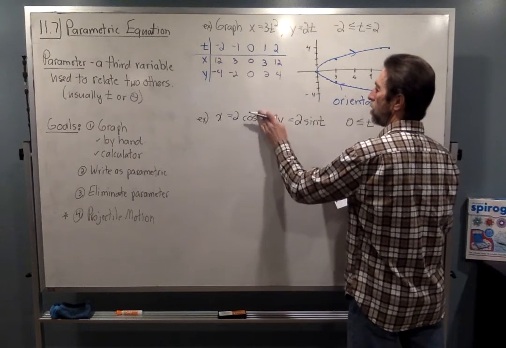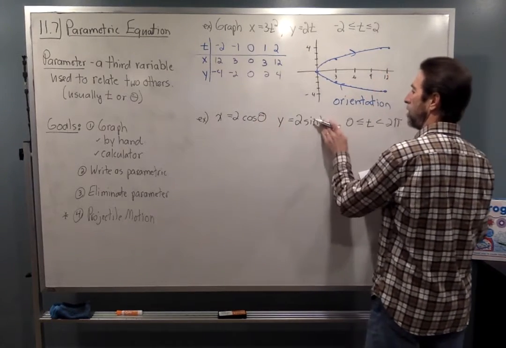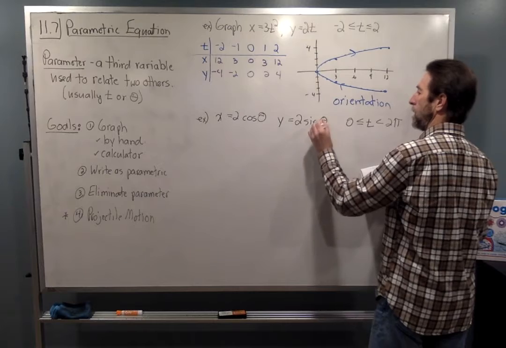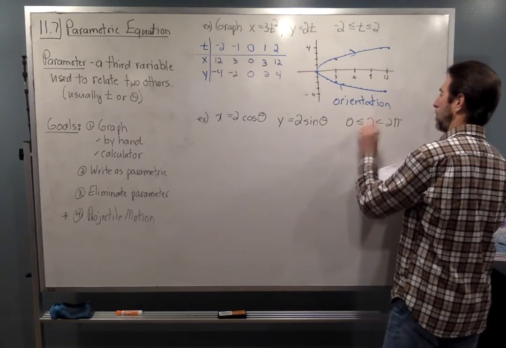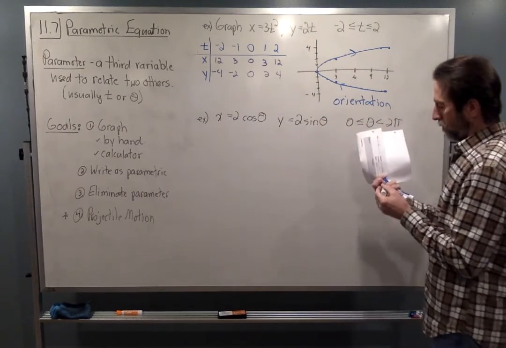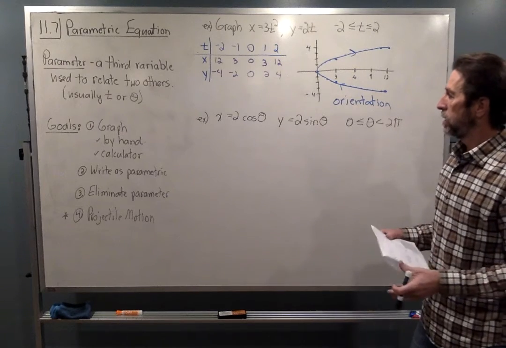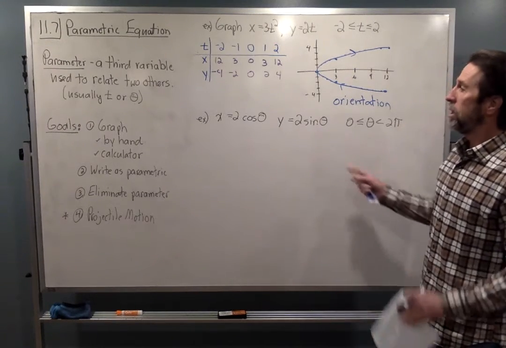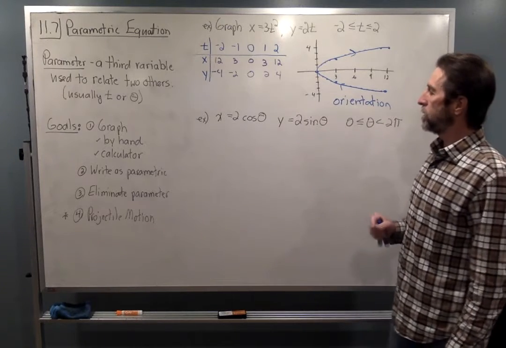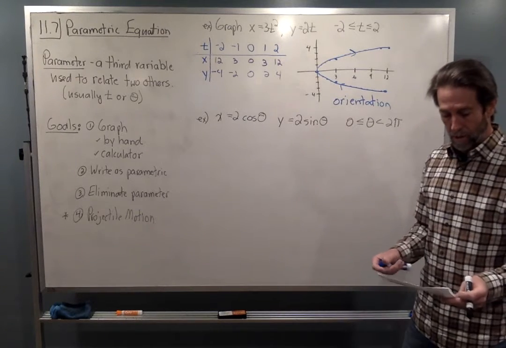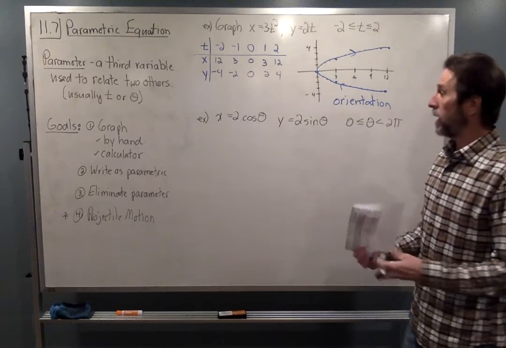I'm going to go a little bit different. I'm going to make this theta. We don't have to. It can still be t. But we usually use the Greek letters when we're dealing with the input of a trig function. So here, the parameter is theta, but it's still going to be just graphing an xy function. So let's see what this might look like.